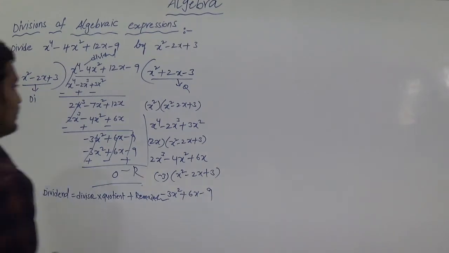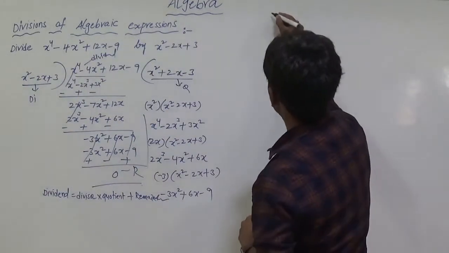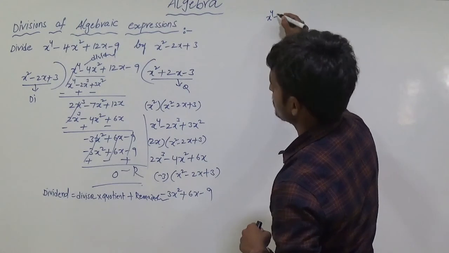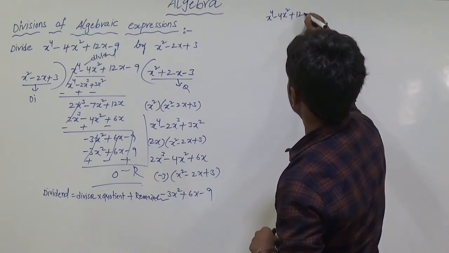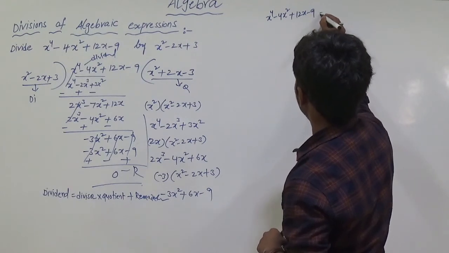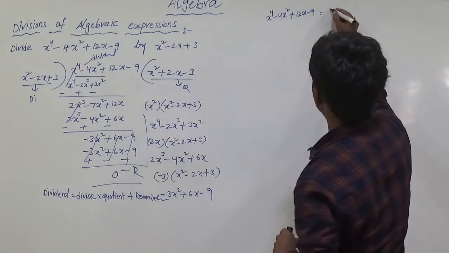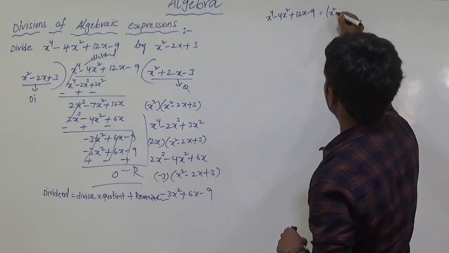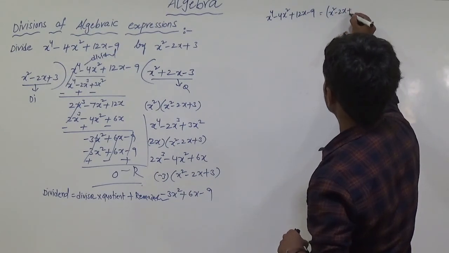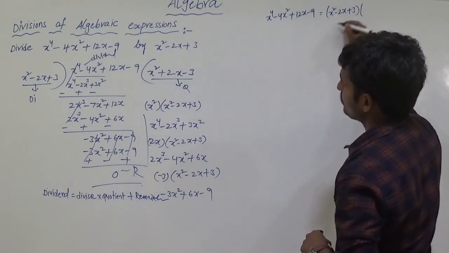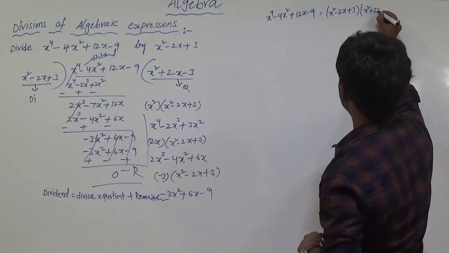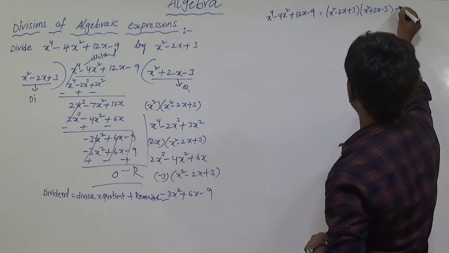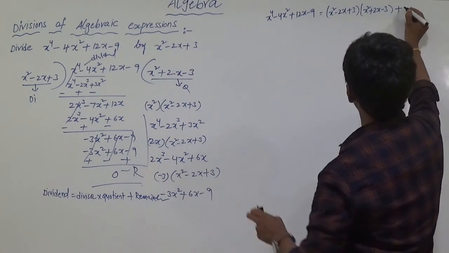That means dividend is x to the power of 4 minus 4x square plus 12x minus 9, is equal to divisor x square minus 2x plus 3, into quotient x square plus 2x minus 3, plus the remainder 0.